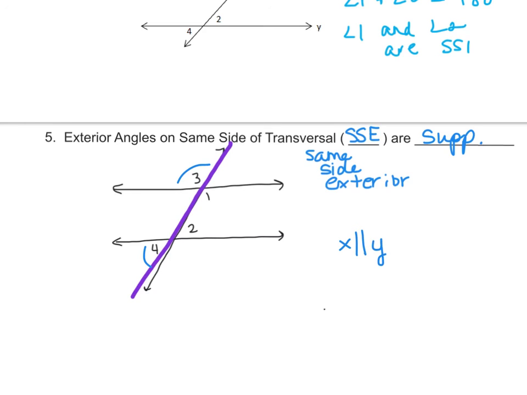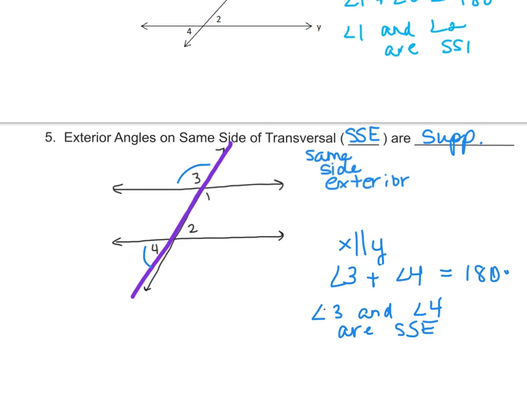Then we can say that angle 3 plus angle 4 will equal 180 degrees. And then we can say that angle 3 and angle 4 are SSE, same side exterior.